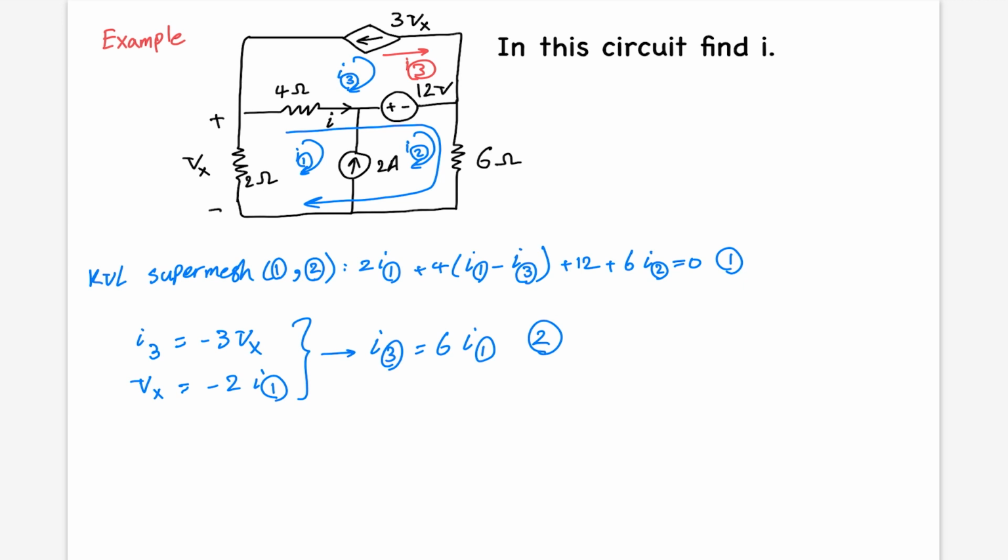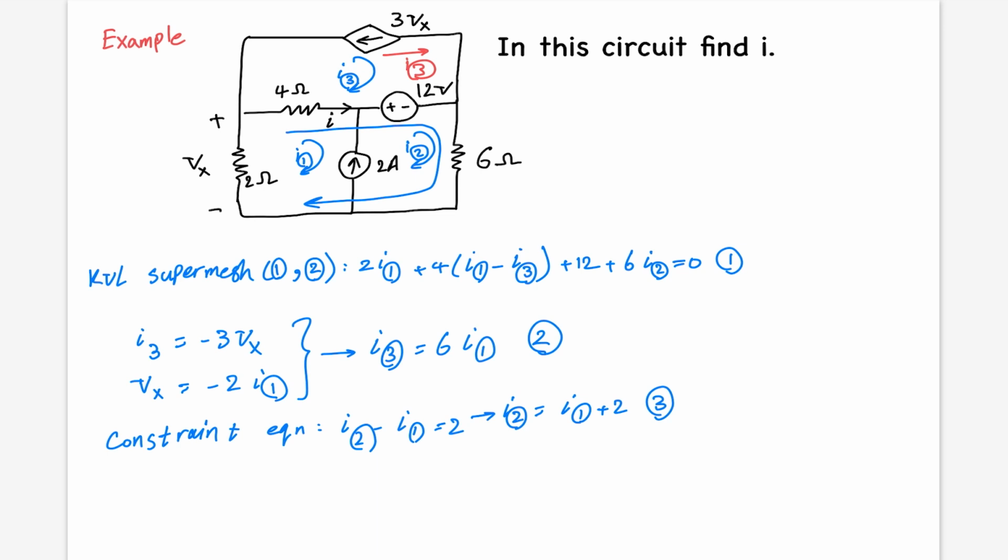And we also have a constraint equation, and it is I2 minus I1 equal to 2. So from here, I2 can be written as I1 plus 2. And this is the third equation.